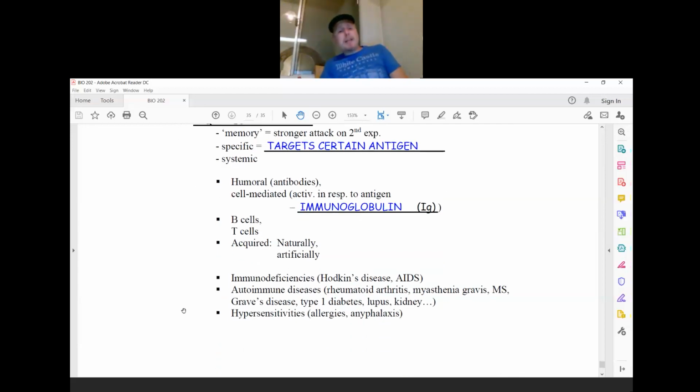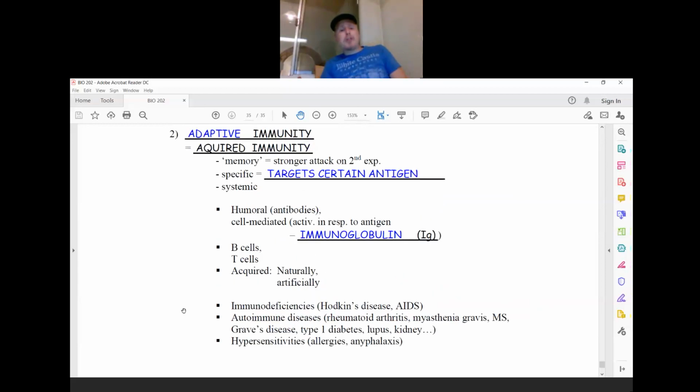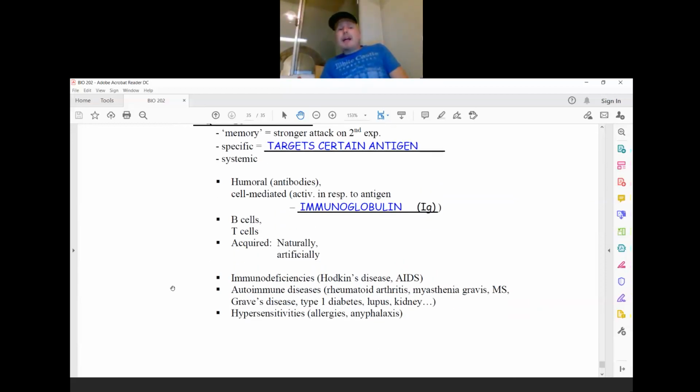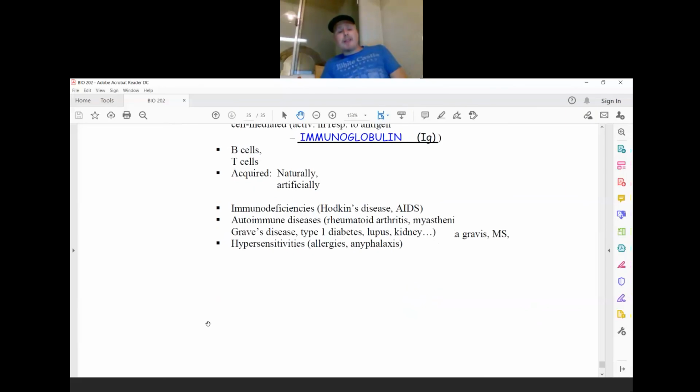We talked about B and T cells, we mentioned them already earlier on. And we also talked about the natural and artificial acquisition of the adaptive immunity. In terms of the clinical aspects, we talked about immunodeficiencies, Hodgkin's disease, AIDS, for example, many autoimmune diseases, we had a look at them, and a few hypersensitivities as well.